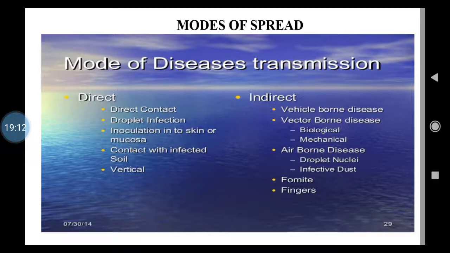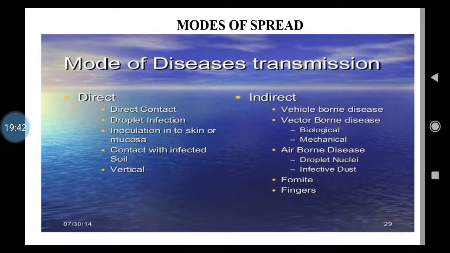Direct modes include direct contact, droplet infection, infected dust, animal bite, mucosa, and soil. Then vertical transmission, which we can also call transplacental transmission. This is the classification of disease modes of transmission.